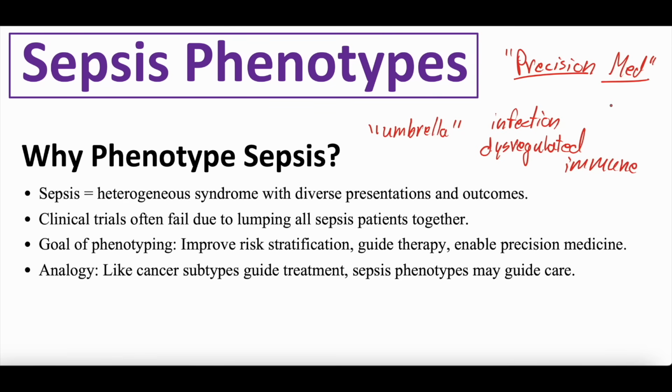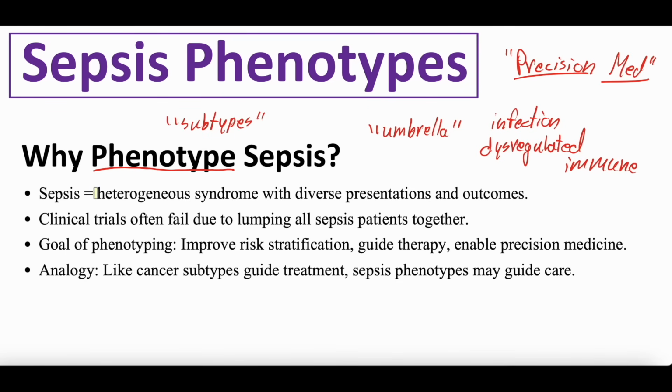Not everyone is going to react the same if you were to give them a similar clinical problem. Not everybody with pneumonia has this exact same course, right? Some are totally fine, and then some are critically ill, and some pass away. So that's why we phenotype sepsis, because it seems like there are probably different so-called subtypes of sepsis that affect people.